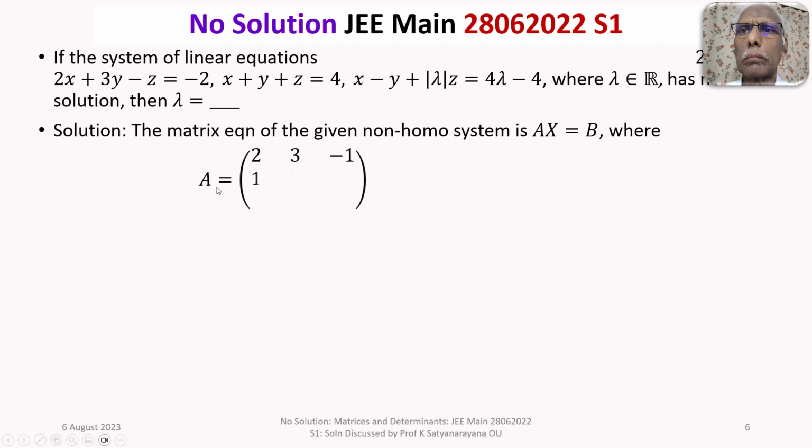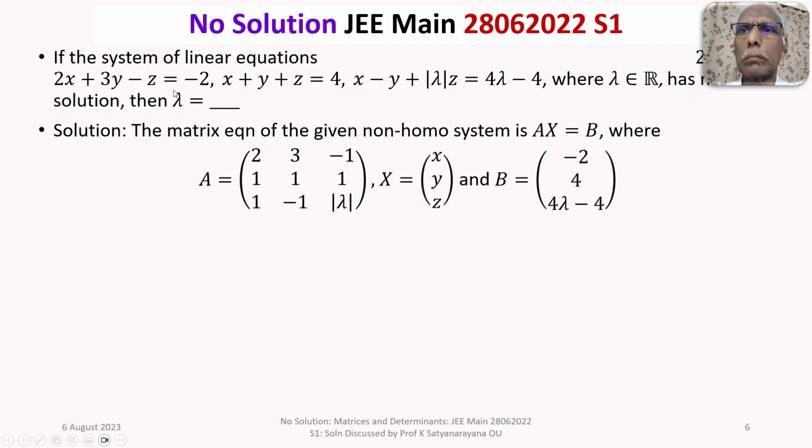A is equal to the coefficient matrix: 2, 3, minus 1; 1, 1, 1; and the third equation 1, minus 1, mod lambda. Capital X is the column vector consisting of the variables x, y, z. Capital B is the column vector consisting of the values minus 2, 4, 4 lambda minus 4.